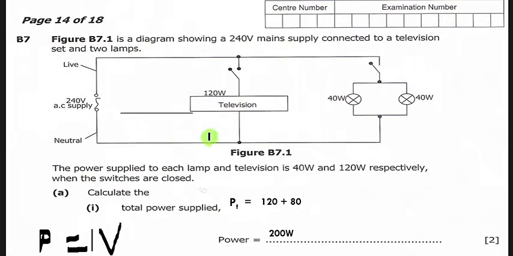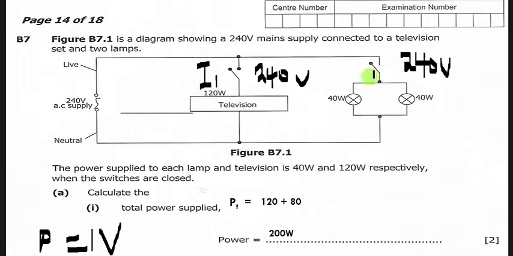These will have 240 volts, and these also will have 240 volts. However, what you should know is that the current, when it reaches the junction here, is different. Here there will be current 1, and in this one there will be current 2.